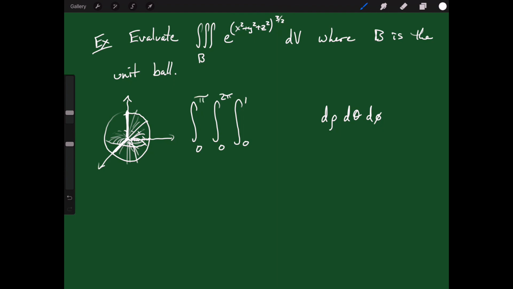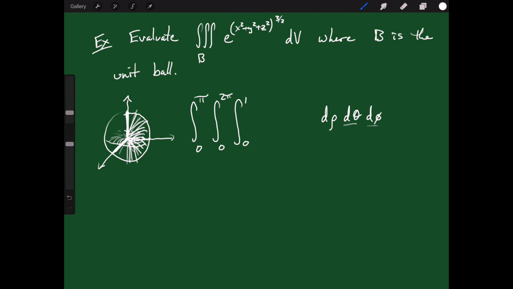Okay, not 0 to 2 pi, because it doesn't need to come up. Because when you spin this kind of half circle around in all of theta, from 0 to 2 pi, it generates the entire unit ball. So you don't need to keep going up through the angles between pi and 2 pi for phi. You only need from 0 to pi.